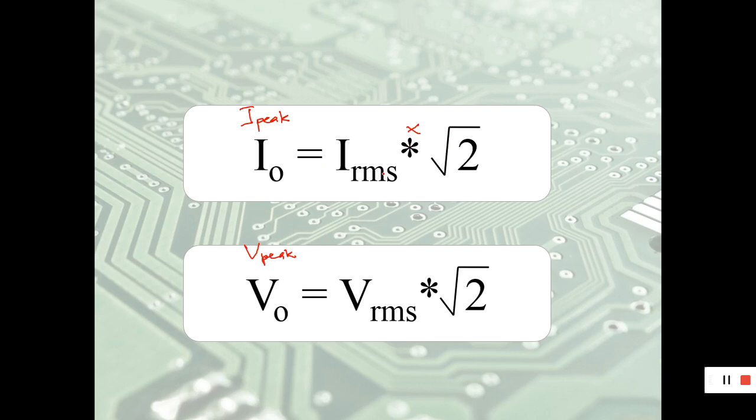RMS stands for root mean square. And V peak equals V RMS times root 2, where RMS is root mean square.